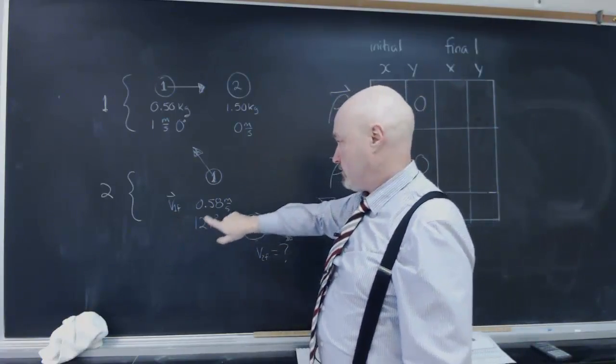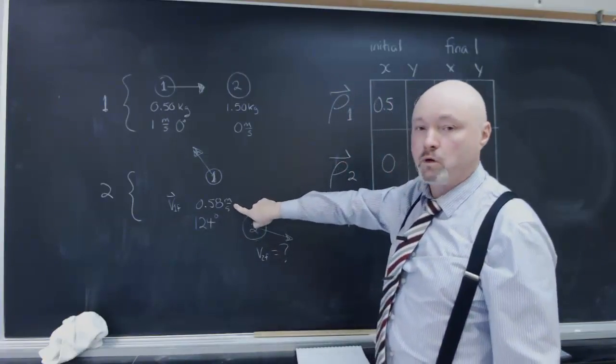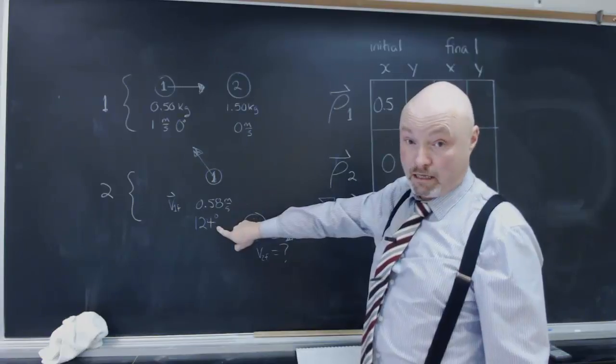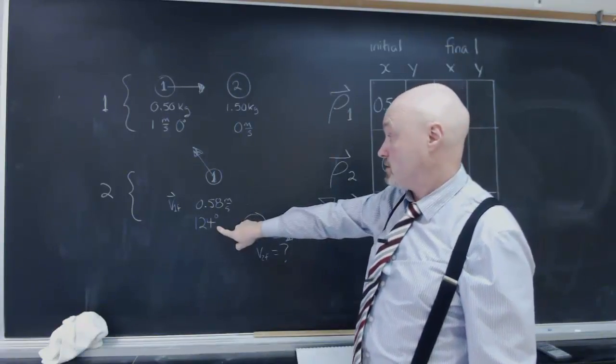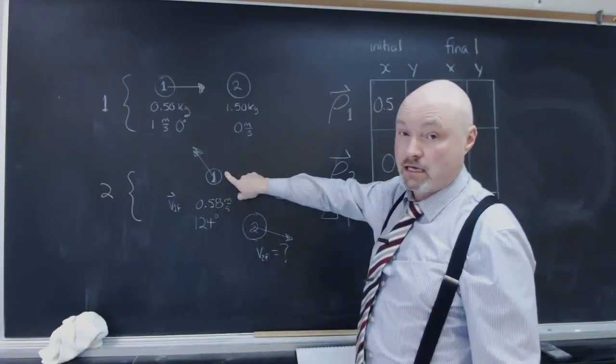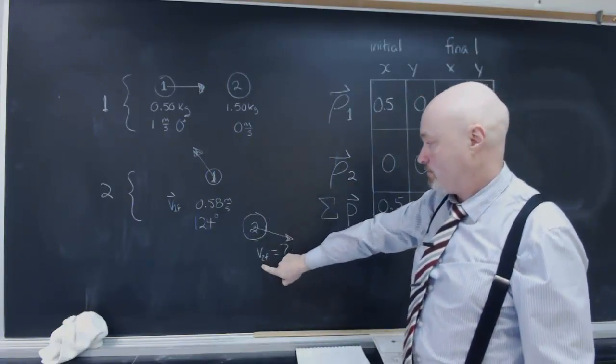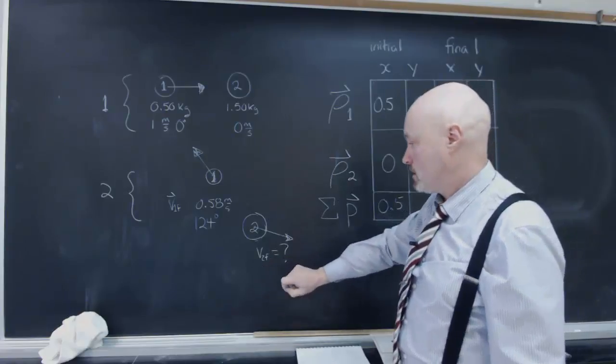The final velocity of the first ball is 0.58 meters per second, and it's directed 124 degrees relative to the positive x-axis. Our job is to figure out the velocity of the second ball.